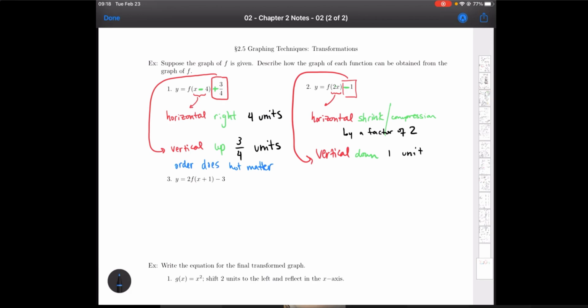And then the next thing we have to do once we identify all the transformations is think about whether it makes a difference which ones we do first or which ones we do second. So in this case, imagine if you take something and squeeze it together and then push it down 1 unit, versus pushing everything down 1 unit and then squeezing it together.